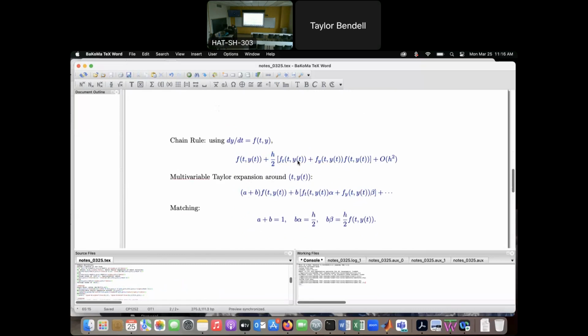Here I have df dt times h over 2. Here I have df dt times alpha b, so alpha b has to be h over 2. And finally, I have df dy times h over 2 f. And here I have df dy times b times beta. So b times beta must equal h over 2 f. So by choosing a, b, alpha, and beta to satisfy these three equations, these will match, and I will have a second order accurate method.